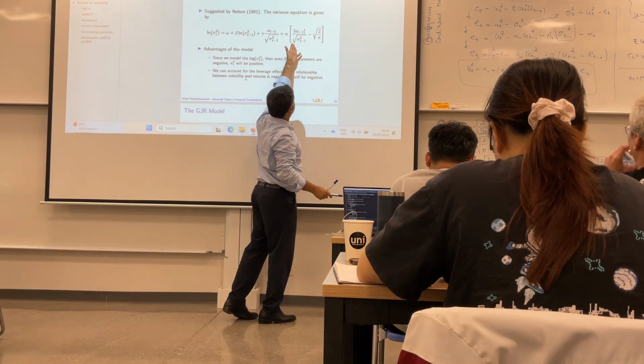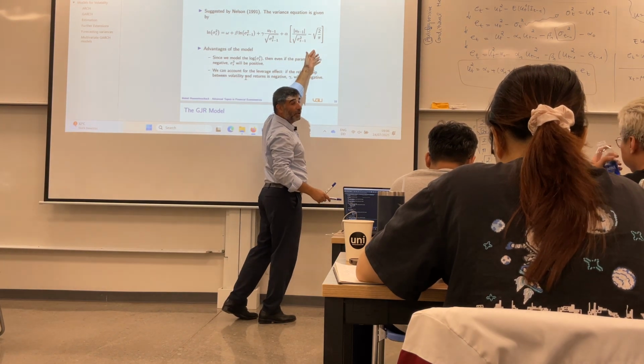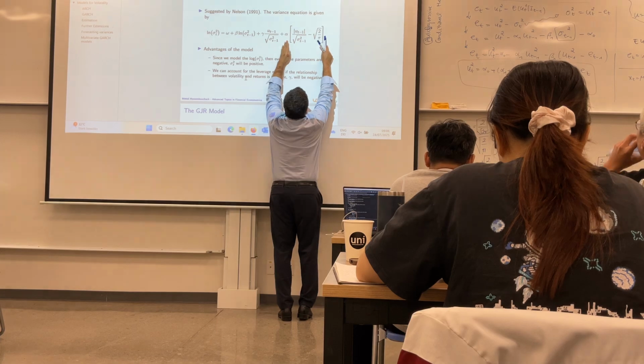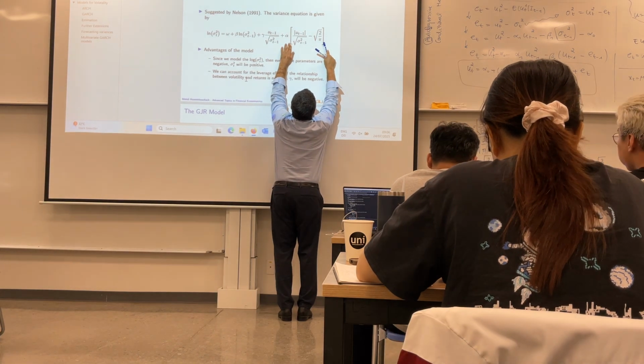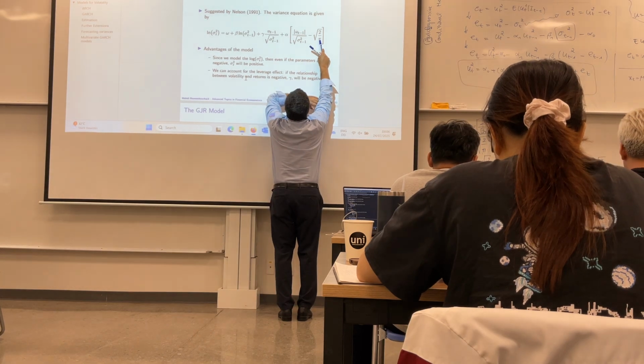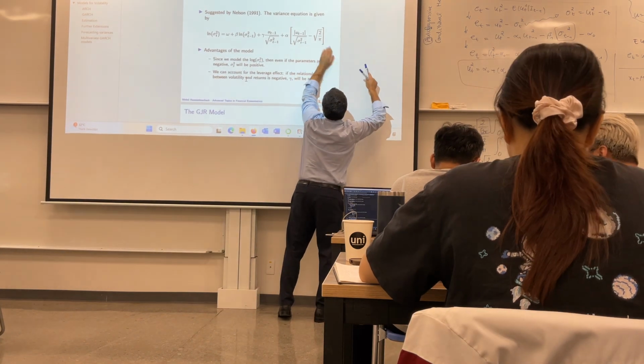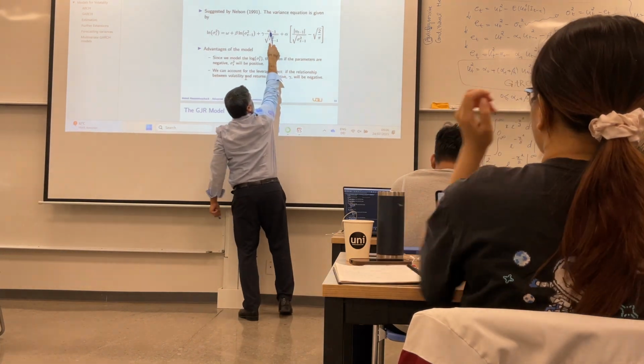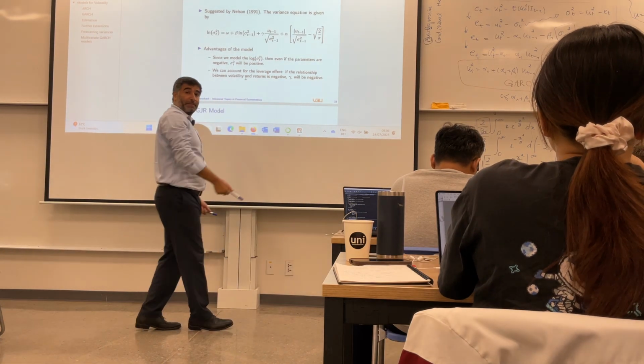The expected value of this is the square root of 2 over pi, minus the square root of 2 over pi, so this is on average 0. And this is also on average 0. U is also 0.